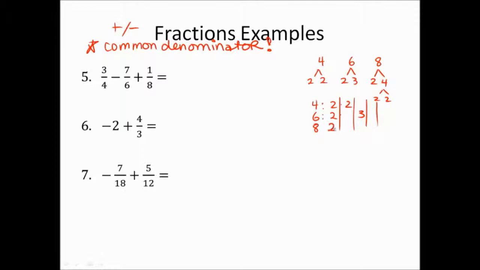And the 8 was a 2 times a 2 times another 2. That gives us 2 times 2 times 3 times 2. What this method does, it eliminates any common things, but then also makes rows for unique factors. So that gives us 4 times 6, which is 24. You could try to come up with that number in your head, though, if you are really good at the multiplication tables. So let's convert these all into 24.